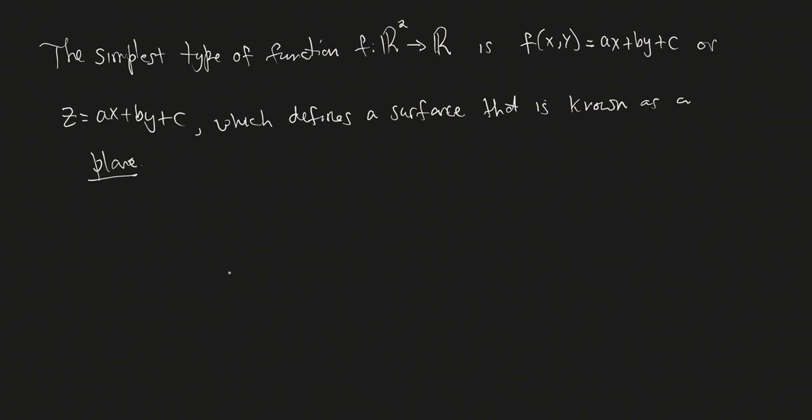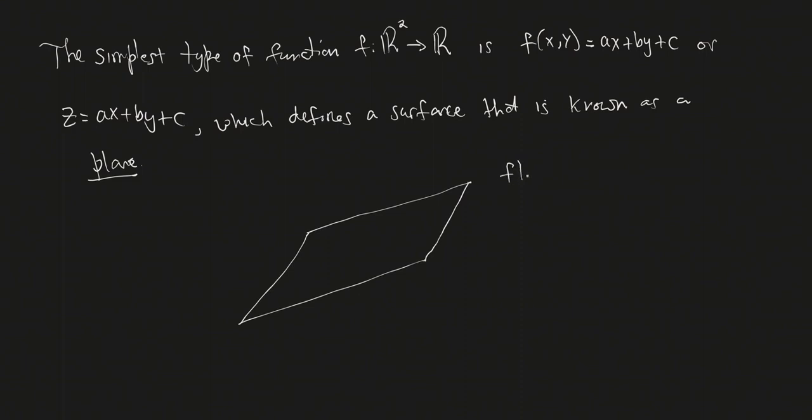At the very least, since we don't have any x squareds or square roots or sine functions, since we don't have anything non-linear on this side, we would expect that if we were to plot a surface of this form, and I'm not going to put the x, y, z axes, we would expect it to be something flat, something linear.